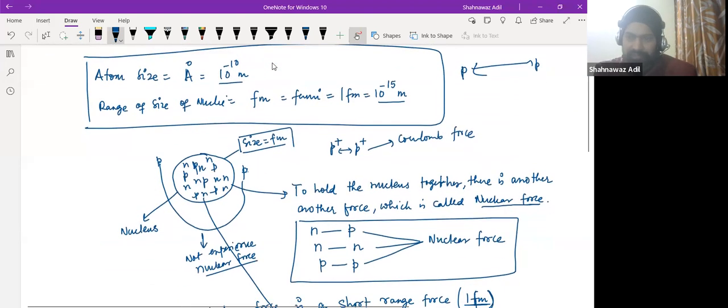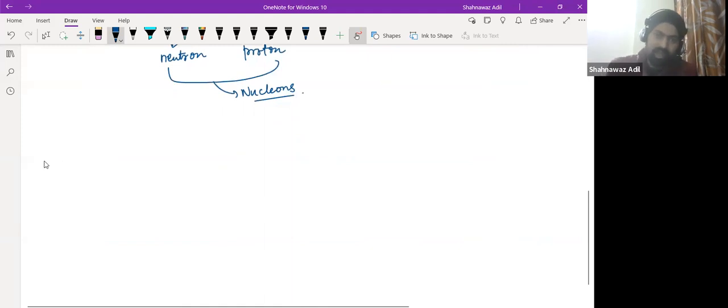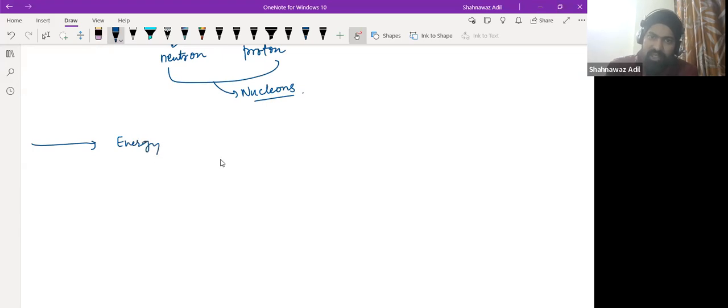And then the unit of energy that we will be talking about. The unit of energy in this chapter would be mega electron volt.